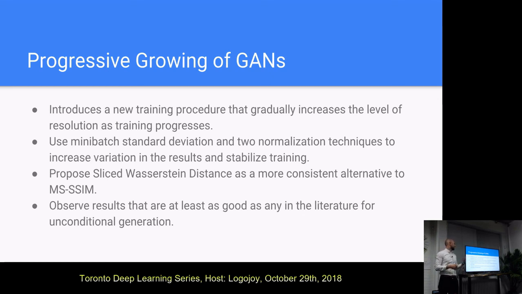They introduce minibatch standard deviation and two normalization techniques, equalized learning rate and pixel-wise vector normalization. And they also show that according to their metric, they improve the results. They propose the sliced Wasserstein distance as a more consistent alternative to the MS-SSIM. And finally, they observe results that are at least as good as anything else that was published at the time, and for faces that are head and shoulders better.